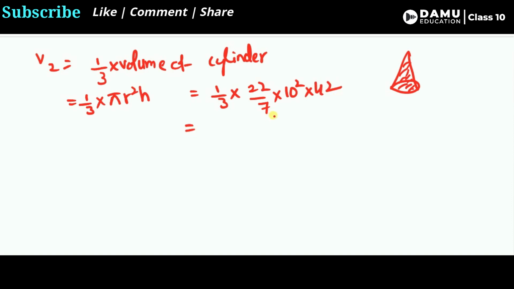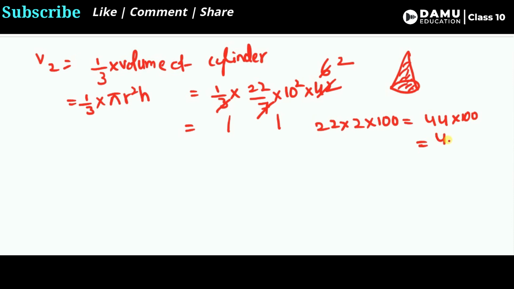So let's cancel this one. 7 sixes are 42. Then 3 ones are 3, then 3 fourteens are 42. Let's find out 22 into 2 into 100. So 44 into 100, that will be 4400 centimeter cube.